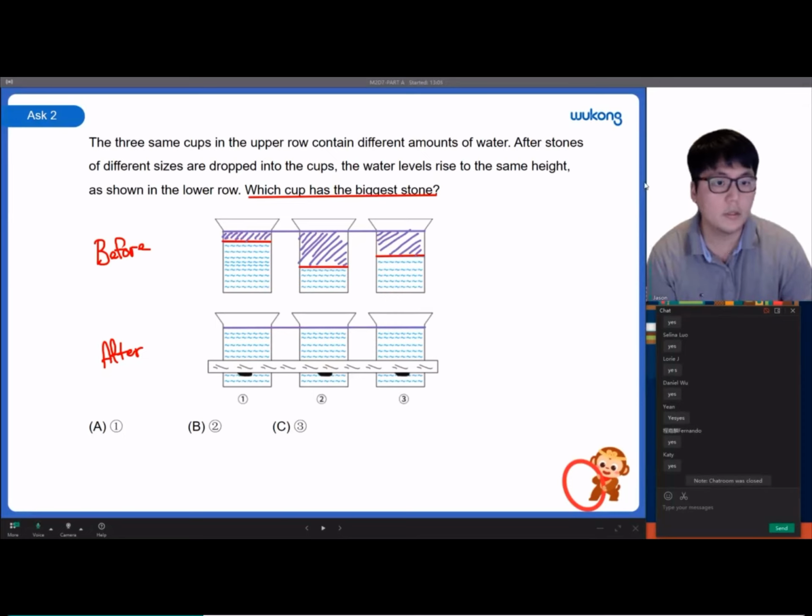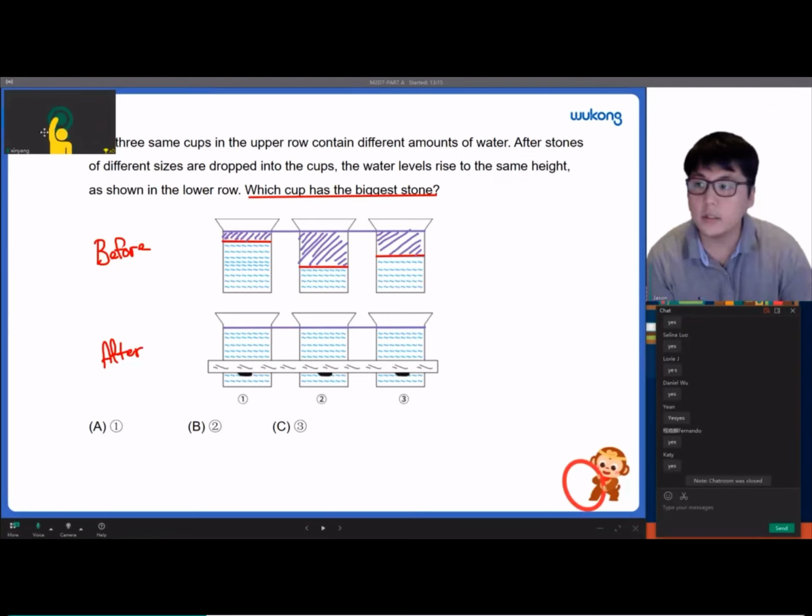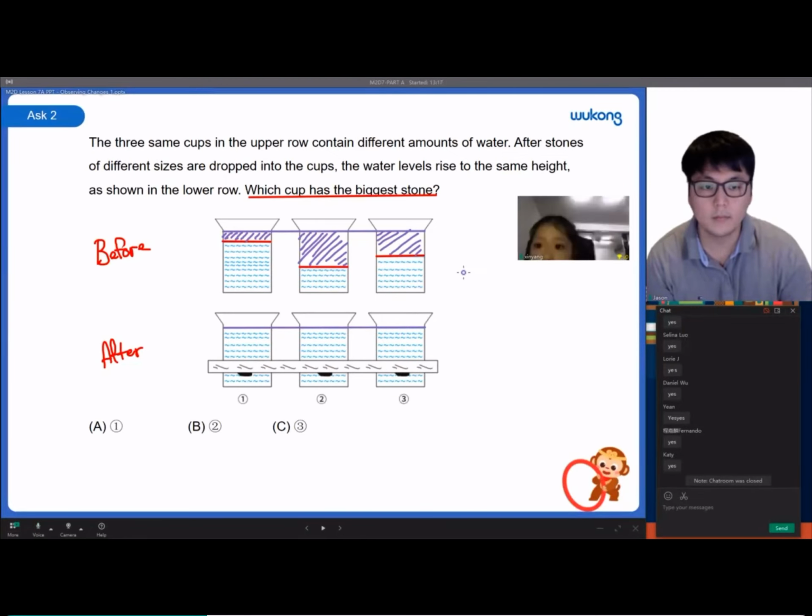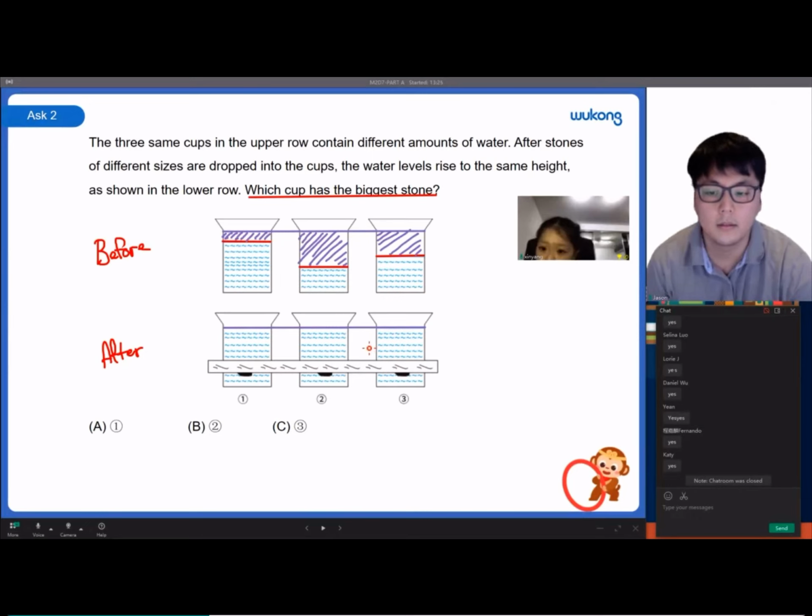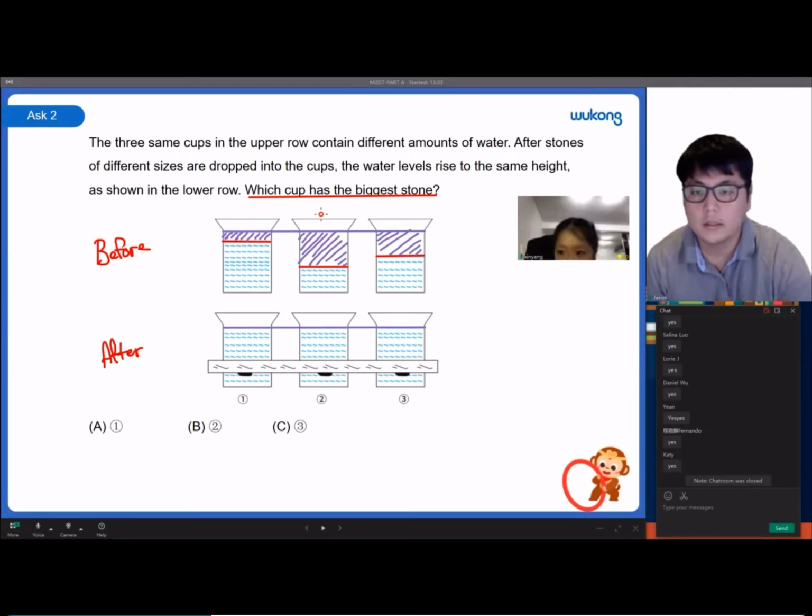So for this one, guys, let's have Xinyang. So hello, Xinyang. The 2 has the biggest stone.